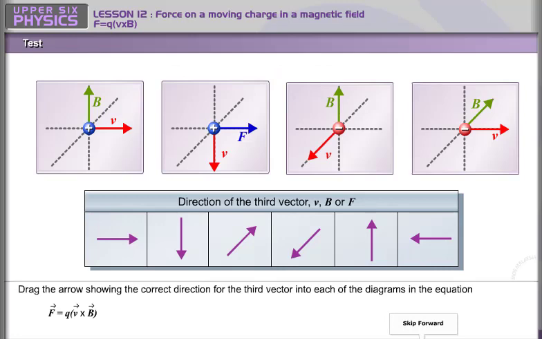Drag the arrow showing the correct direction for the third vector into each of the diagrams in the equation vector F equals Q times vector V cross vector B.